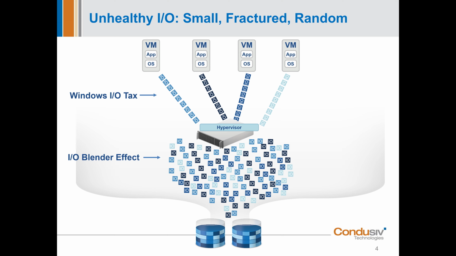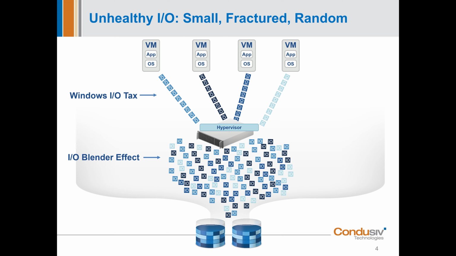In a virtualized environment, this performance penalty can be amplified by something called the I/O blender effect. And what's happening here is that you have small fractured I/O packets coming from the virtual machines, and as they pass through the hypervisor, it mixes these I/O streams together, causing a randomization effect.